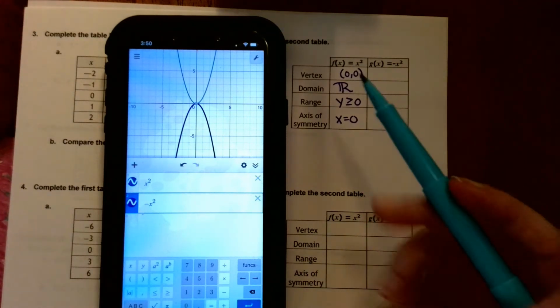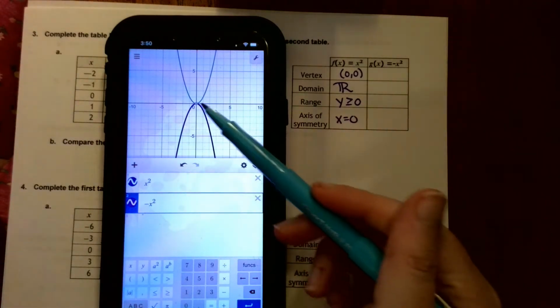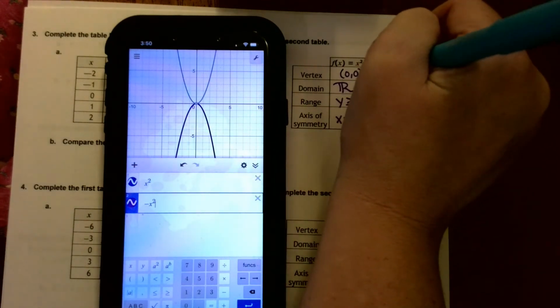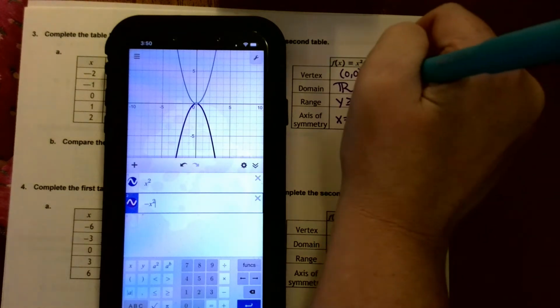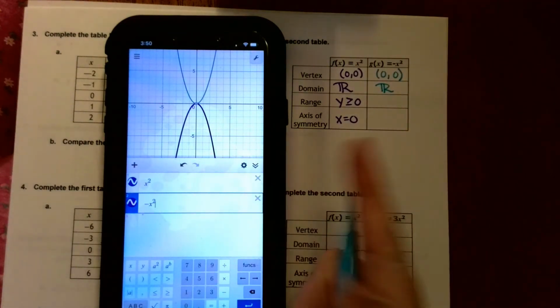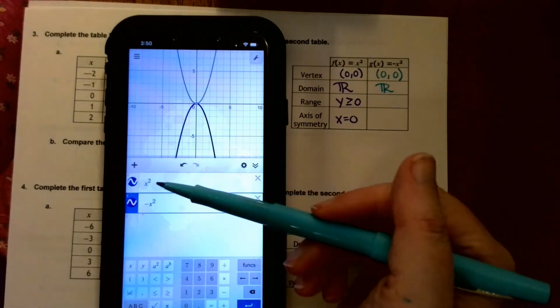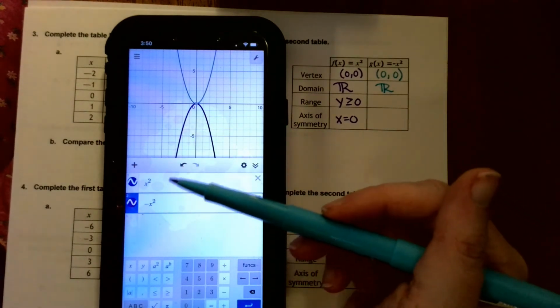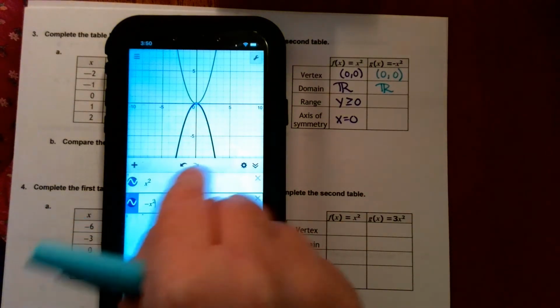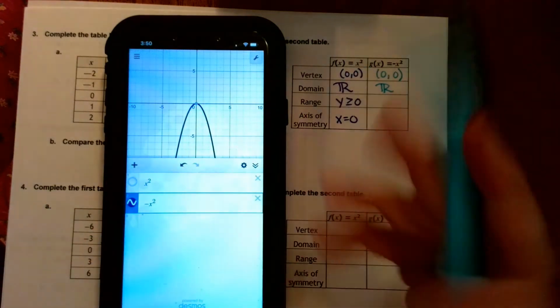Alright, so let's talk about the vertex. The vertex of negative x squared is still 0, 0. That didn't change. The domain should not have changed either. And let's look at the range. This one doesn't have a minimum. This is upside down, so it has a maximum. And it does not go to positive infinity. In fact, I'm going to hide the original function.